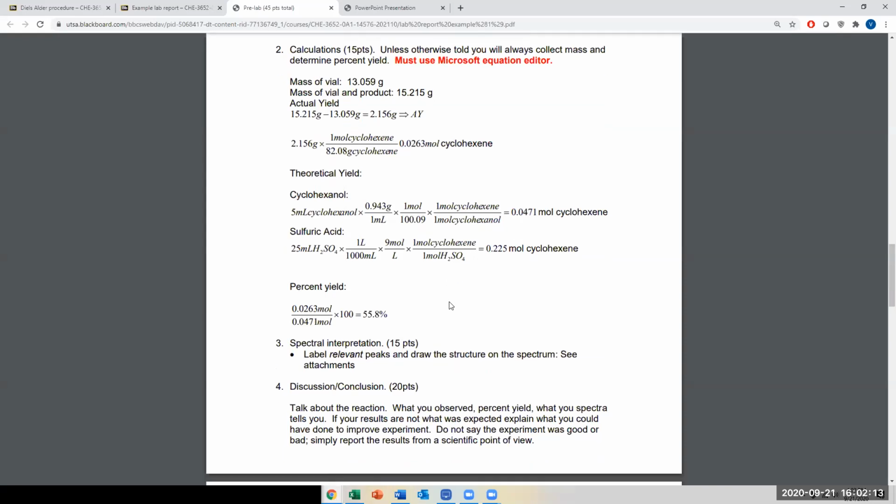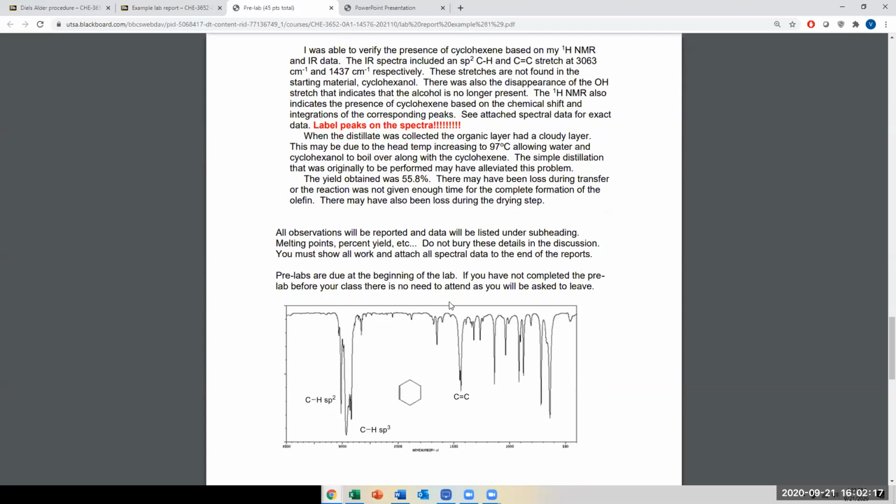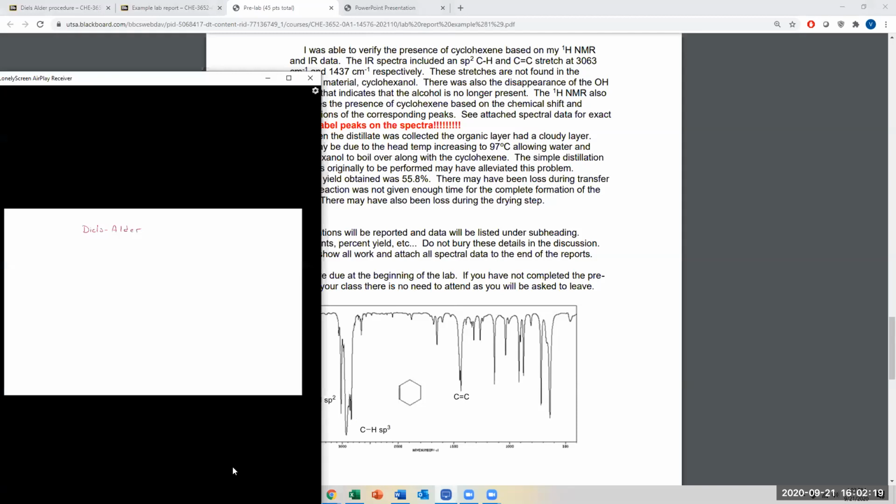And I talked about this in the introduction video. And I know that sometimes it's difficult to find melting points and boiling points, but they're out there, and I wouldn't have asked you guys to get them if they're not out there.